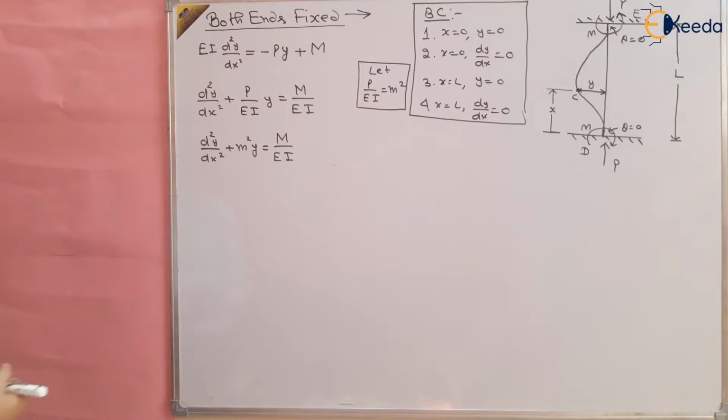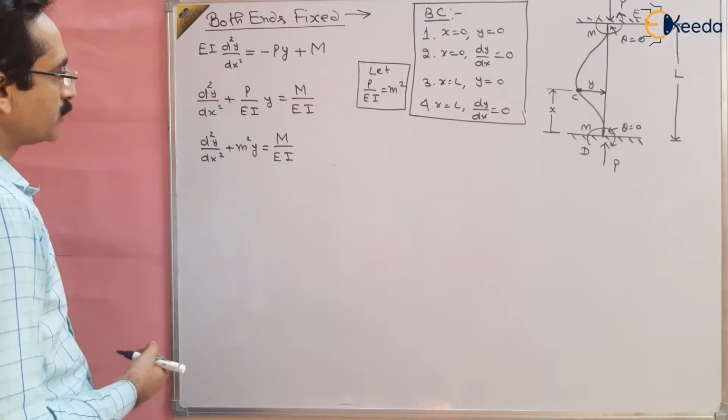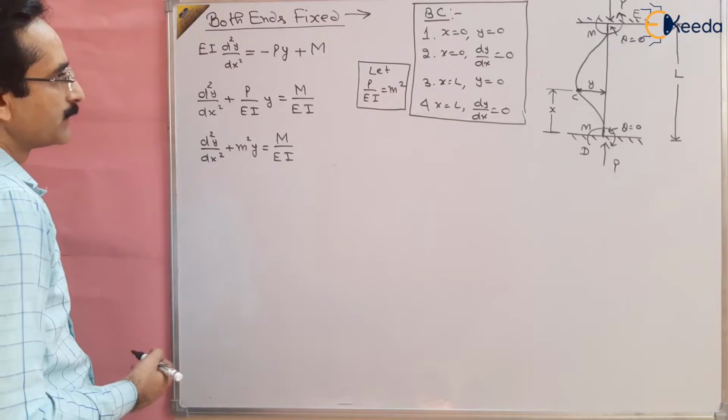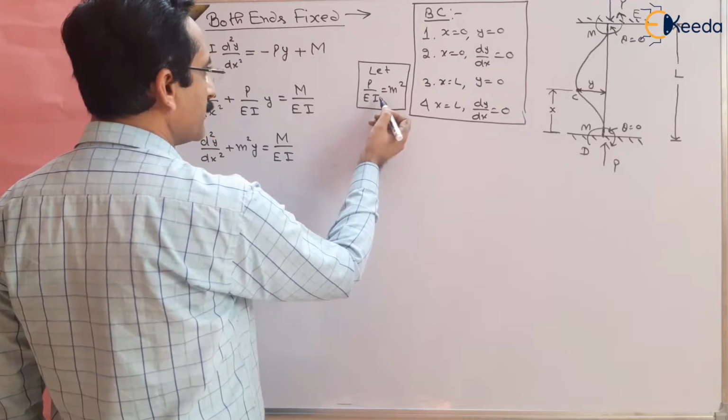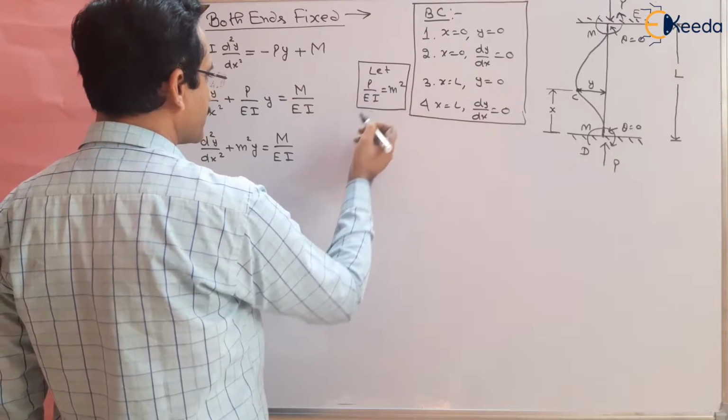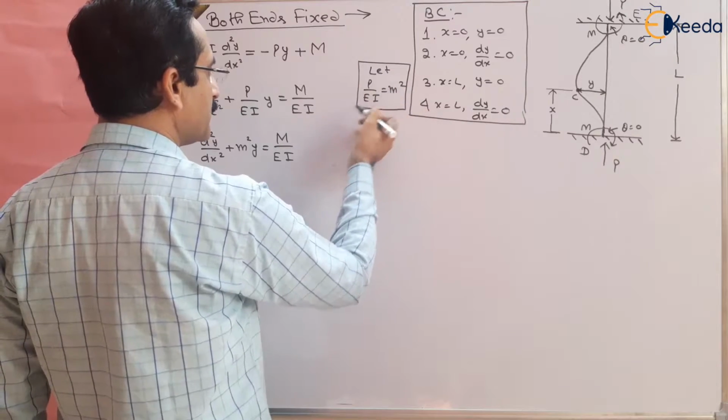Right? Or from this you can also write that since P by EI is m square, EI can be written as P by m square.